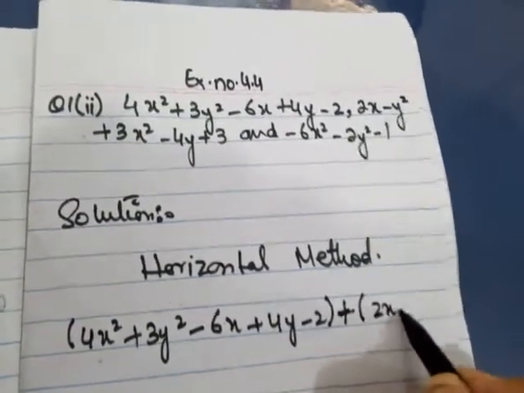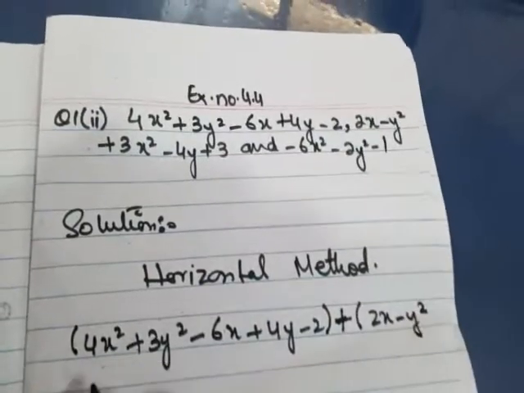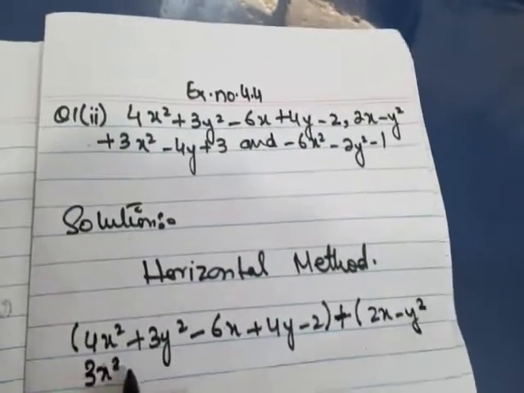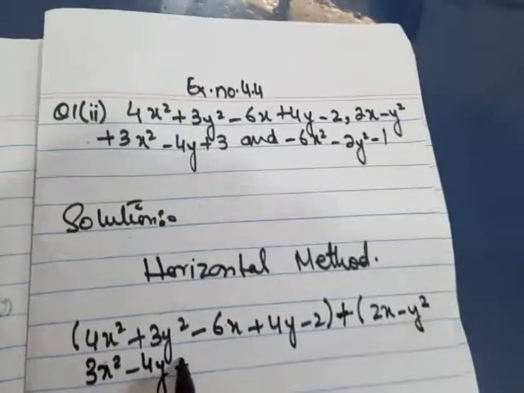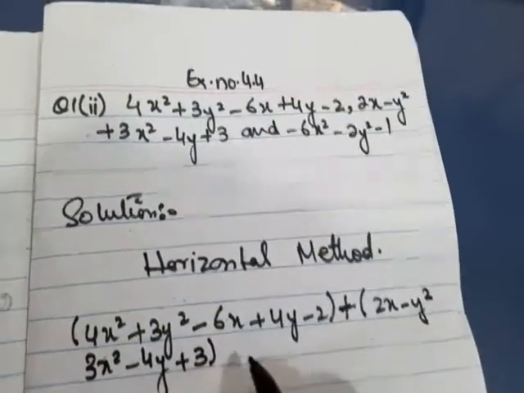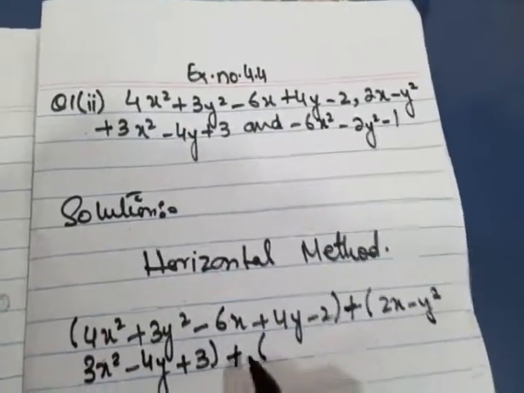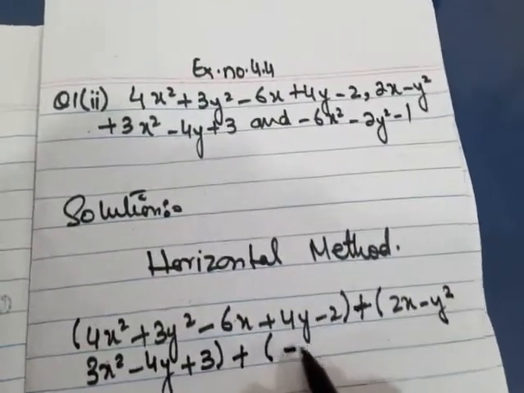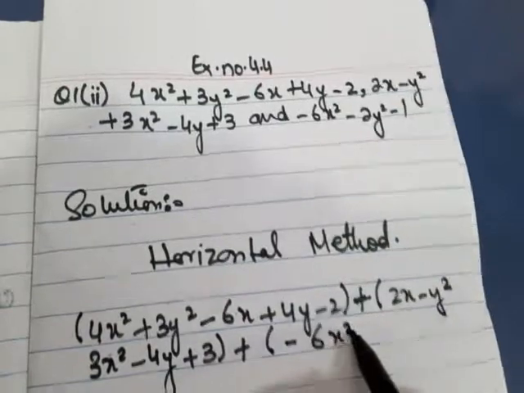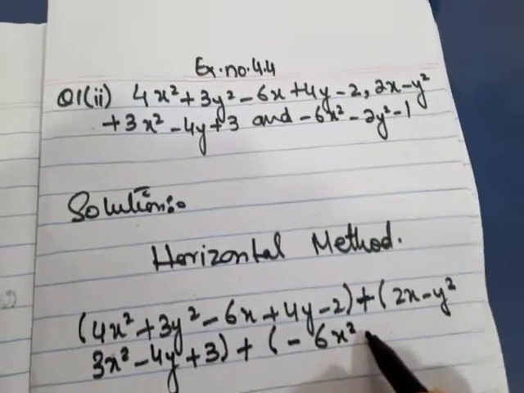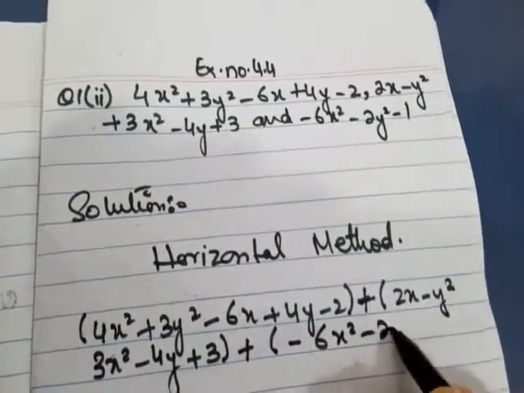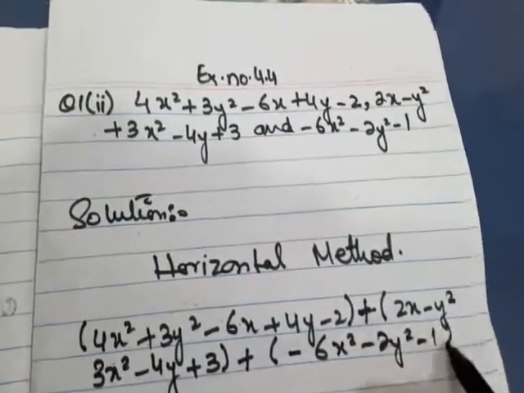They are 2x minus y squared plus 3x squared minus 4y plus 3. And then again we put the sign of addition after copying the second expression. Now we have the third expression as minus 2x minus 6x squared minus 2y squared and minus 1.